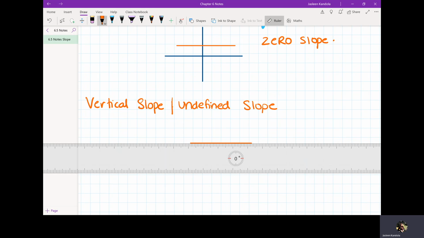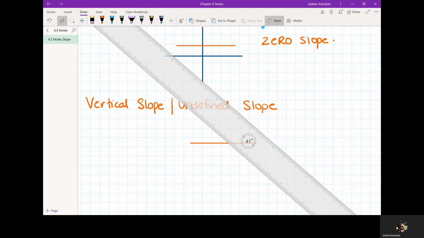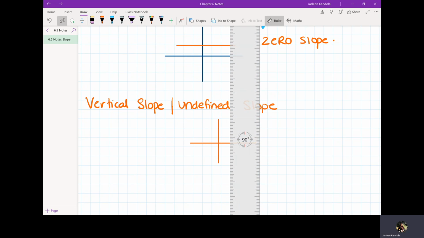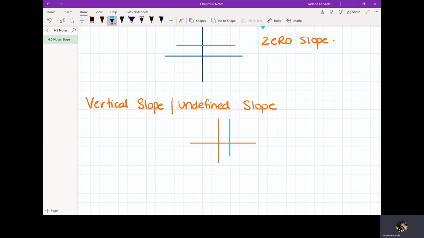Well, vertical means it's a straight vertical line like in the blue. So this means our slope is undefined, and we'll see in the next video what this means.